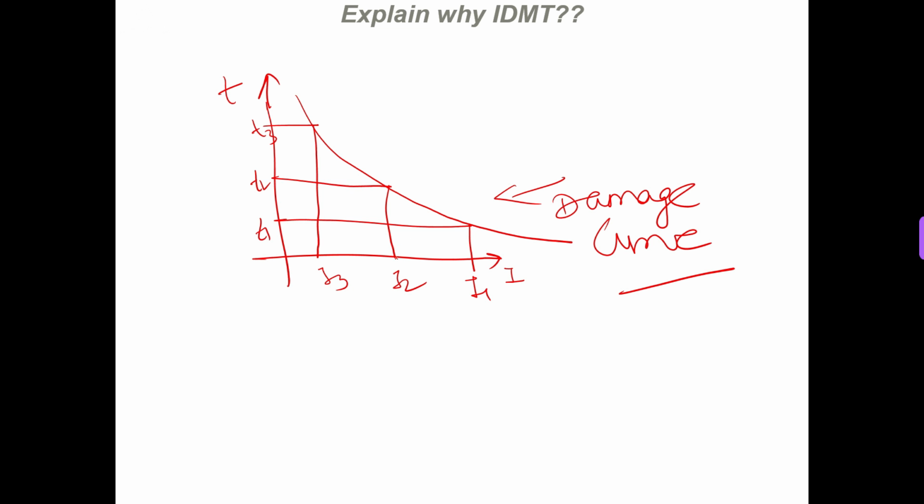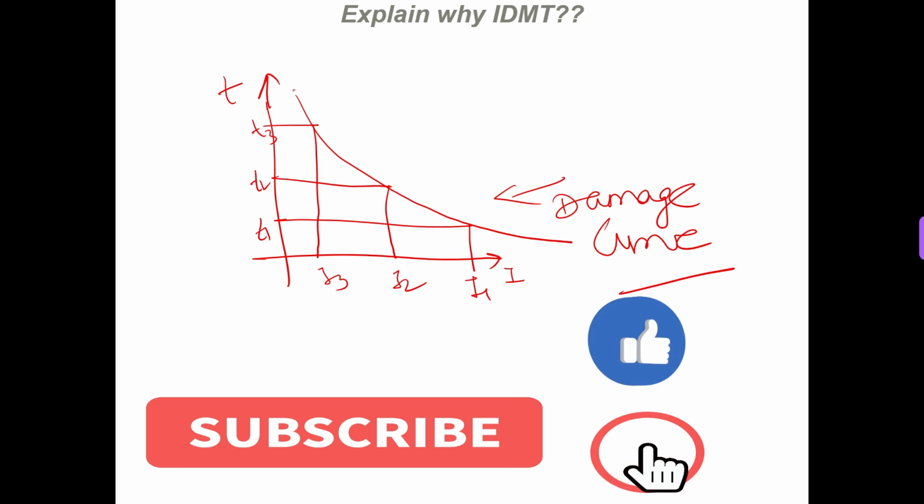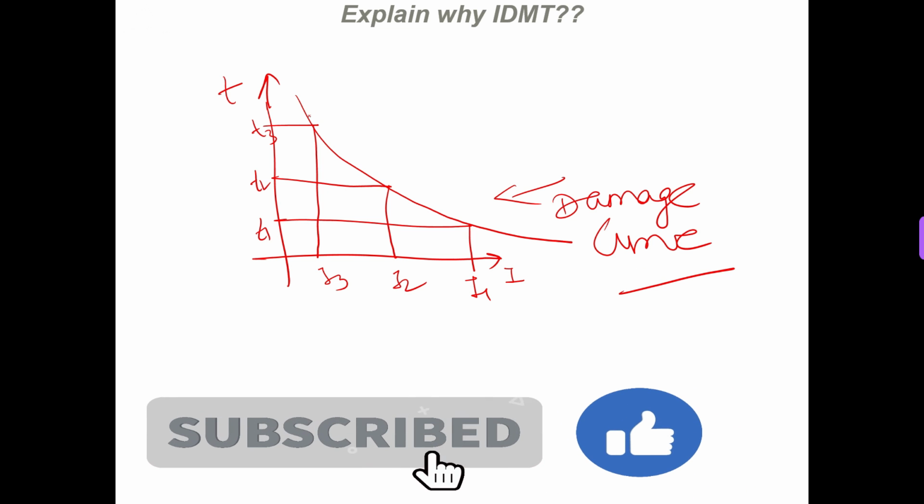Similarly, for this amount of current, the time for damage will be this much. If the current is lower, the time will be higher. So the higher the current, the lower the time required for the equipment to reach the thermal damage state. Now we have a damage curve of the equipment.